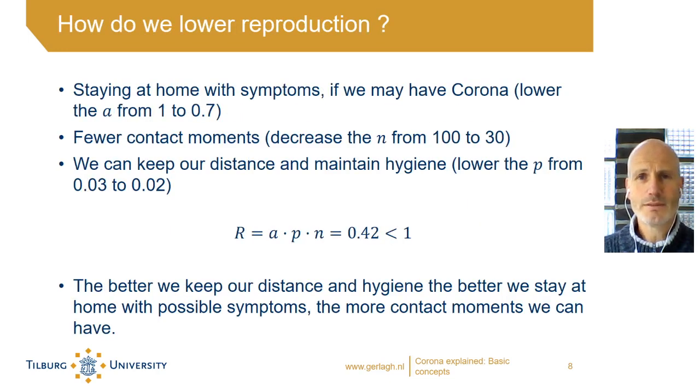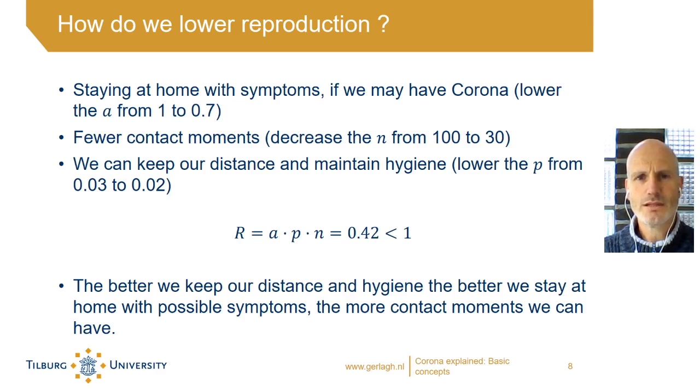We've now put all the parts together to consider how we can contain COVID-19. We can stay home if we think we might have COVID-19. This reduces the number of possible infections. I assume that the reduction we can achieve through such rules is about 30%. The A drops from 1 to 0.7.